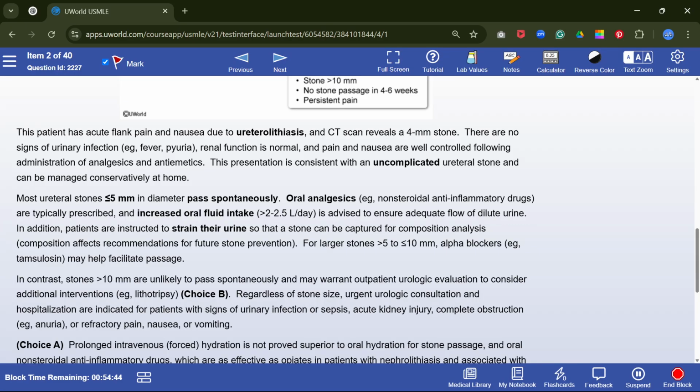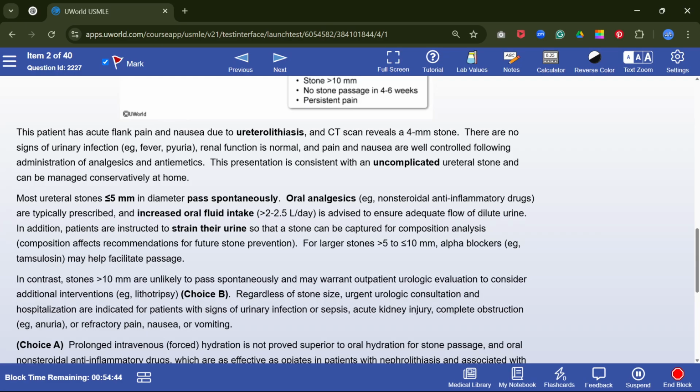Most ureteral stones less than 5 millimeter in diameter pass spontaneously. Oral analgesic NSAIDs are typically prescribed, and increased oral fluid intake of more than 2 to 2.5 liter per day is advised to ensure adequate flow of dilute urine.